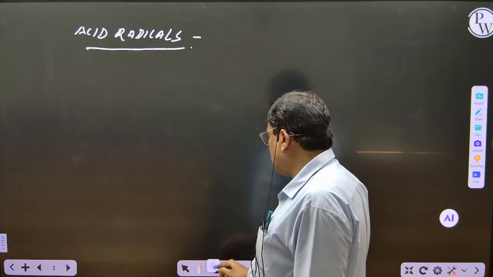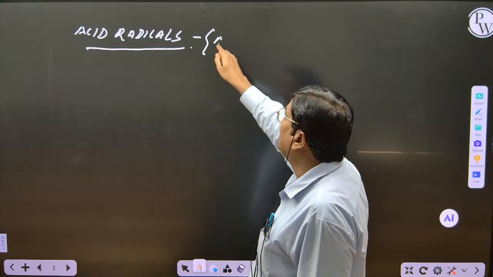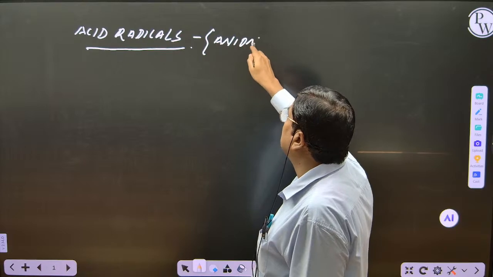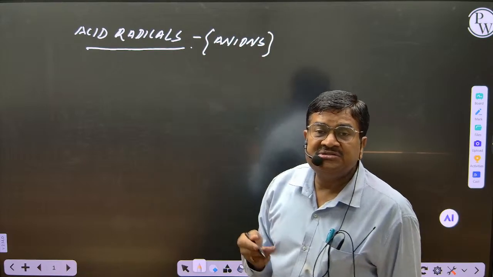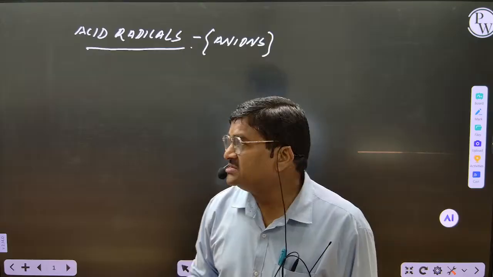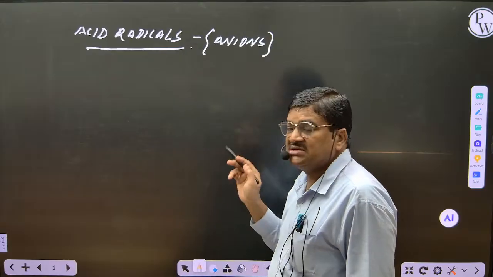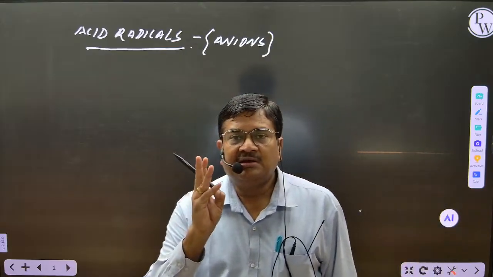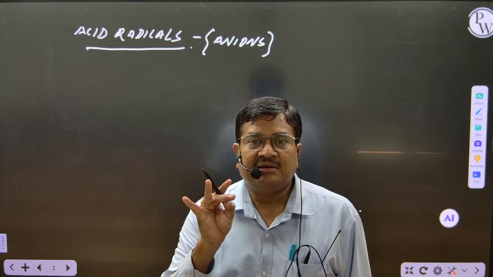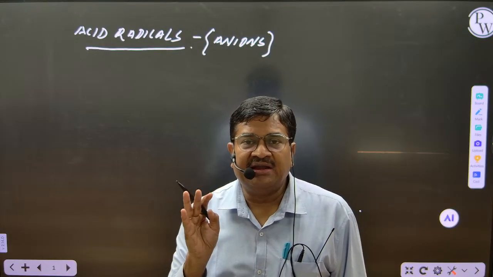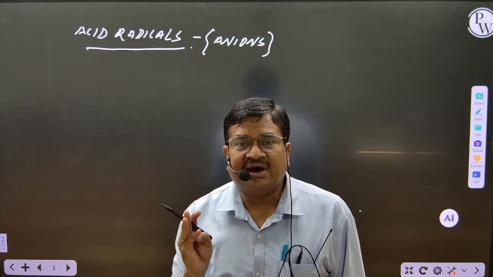Copy this: acid radicals, what we call anion. Anion will bear what charge, students? Anion will bear negative charge. Cation will bear positive charge. Now in these acid radicals, we have monovalent, bivalent, trivalent, tetravalent. Monovalent means whose valence is 1.